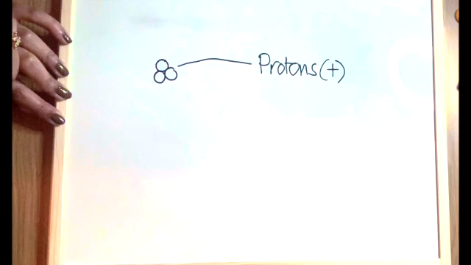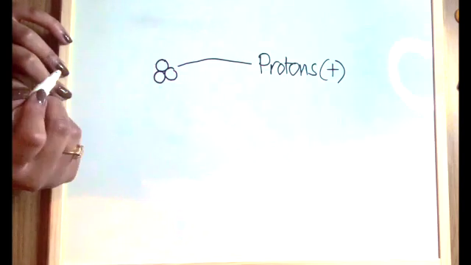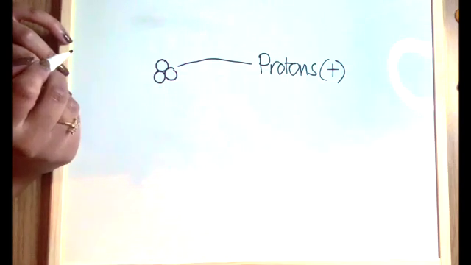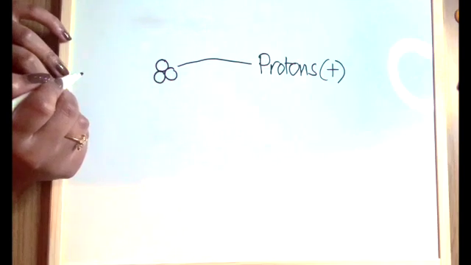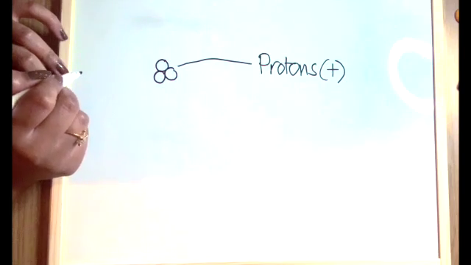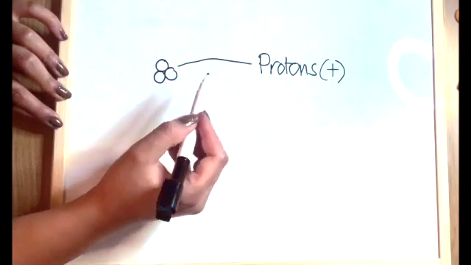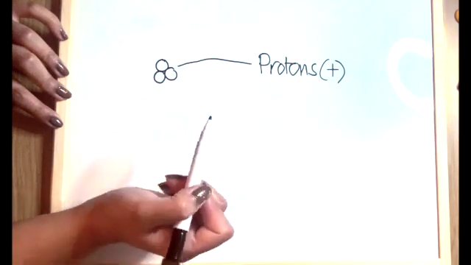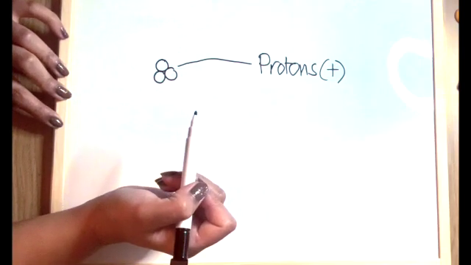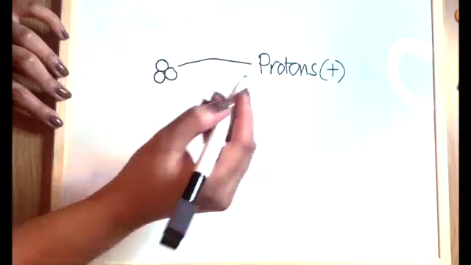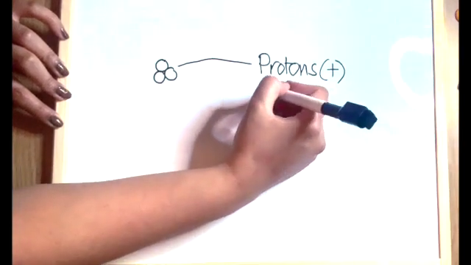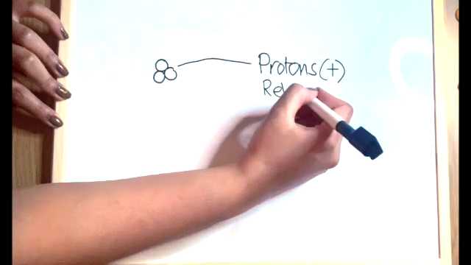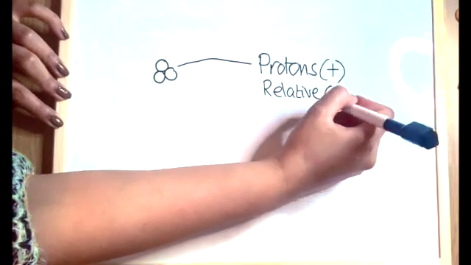Now, in terms of the things that make up an atom, because remember we said in the 50p piece there were millions and millions of atoms, we can't possibly measure the mass of one atom. But what we do is we compare the size of particles in the atom to each other. So we say that the proton has a relative mass of 1.